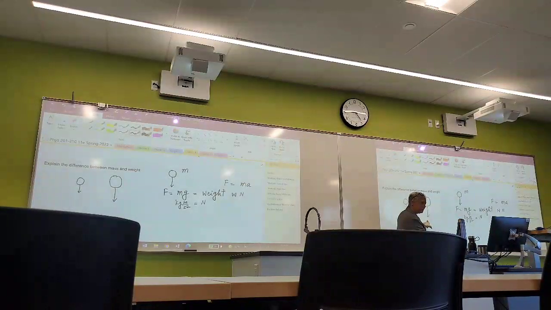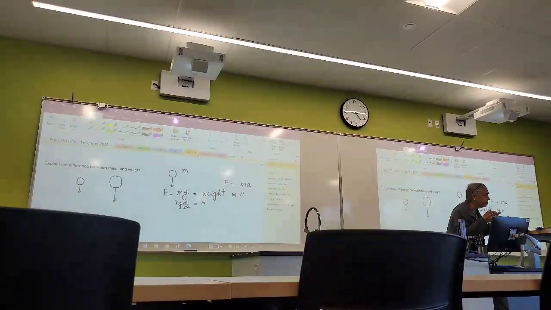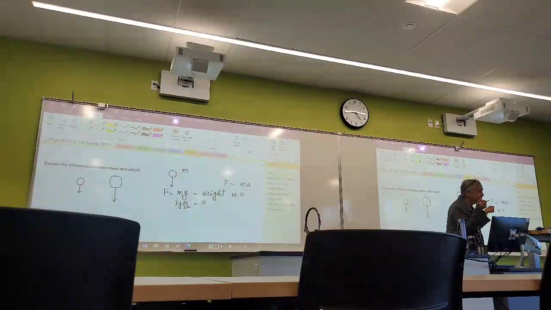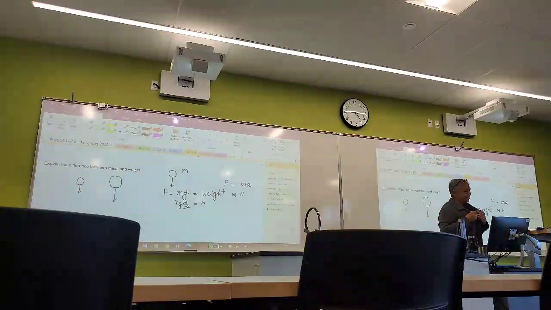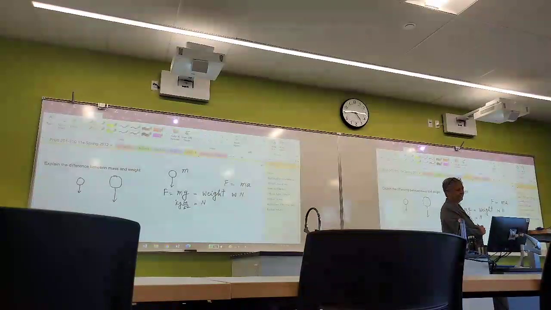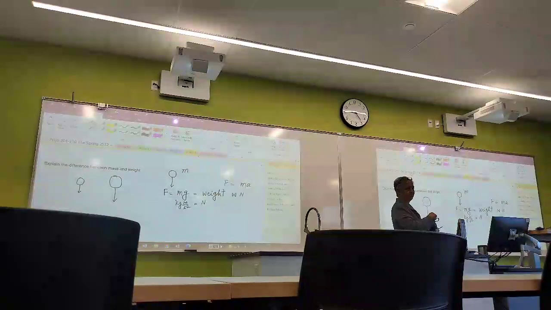So according to Newton's law, F equals ma, right? So more force means more acceleration, correct? But we know its acceleration is the same, right? Why? That's all the question is. Why is the acceleration the same?